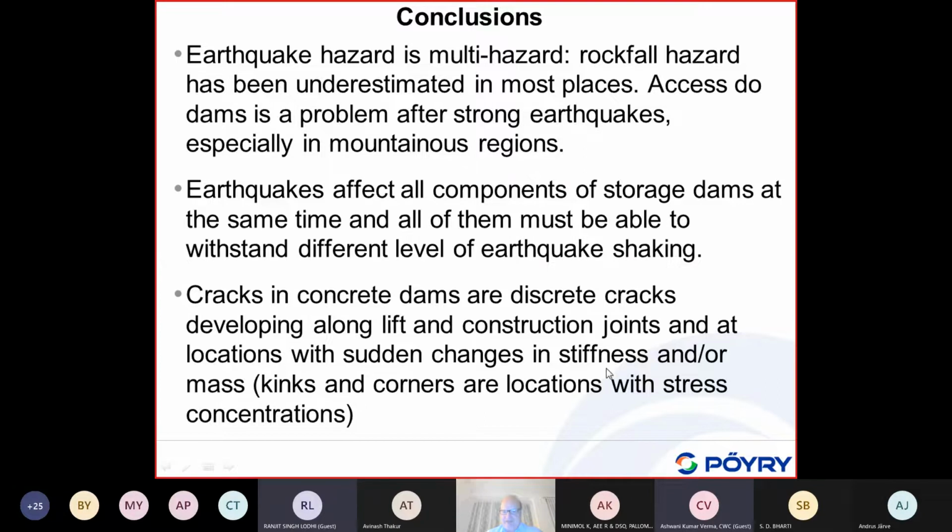locations with sudden changes in stiffness and or mass, especially here the kinks and corners, are locations with stress concentrations. You do not have to do analysis, okay, because some people using finite element analysis, I have shown that before, but I would like to repeat it again. If you use coarse meshes in the finite element mesh, you cannot find out the stress concentrations.